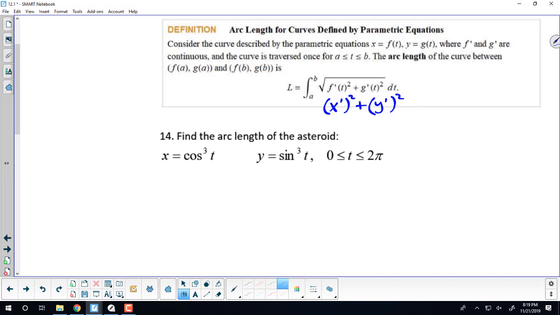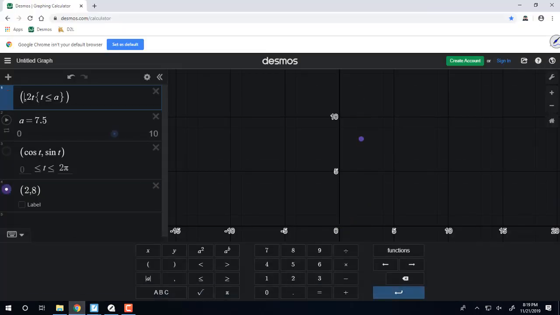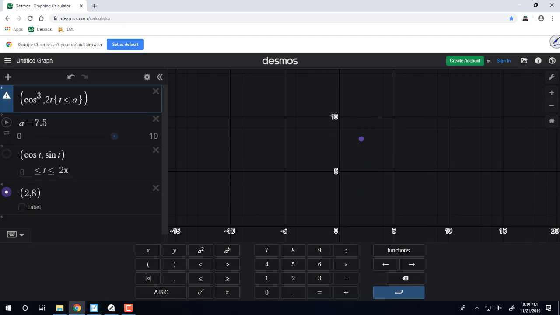Like in polar coordinates, and oftentimes in parametric, if you can utilize symmetry, it can simplify these problems a great deal. So let's go ahead and look at the graph for this. I don't know if it likes that or not.